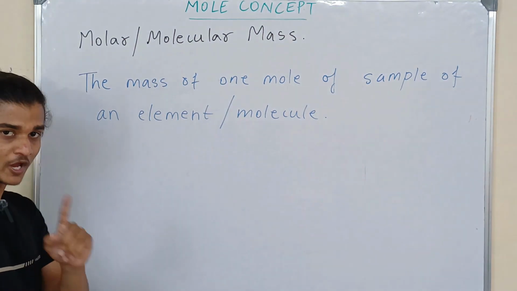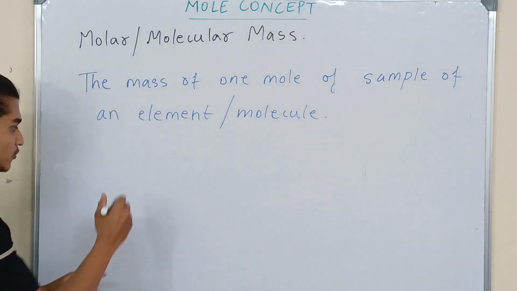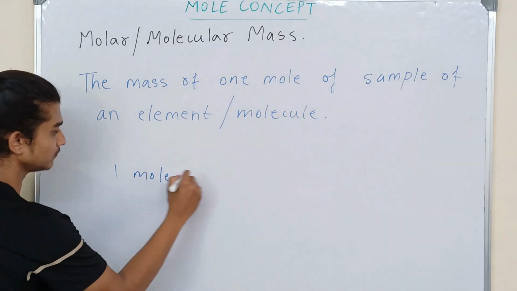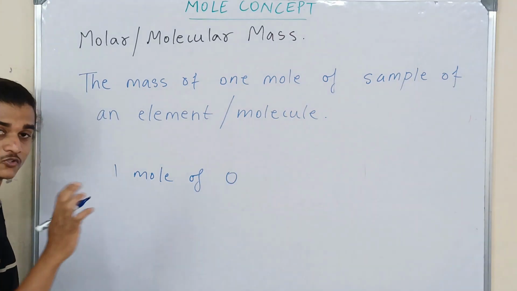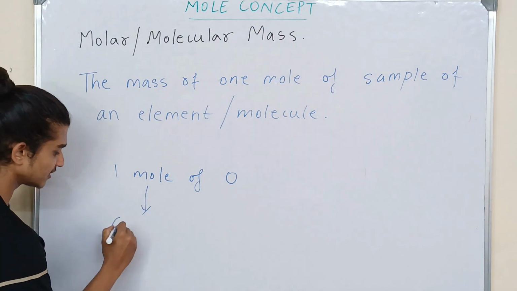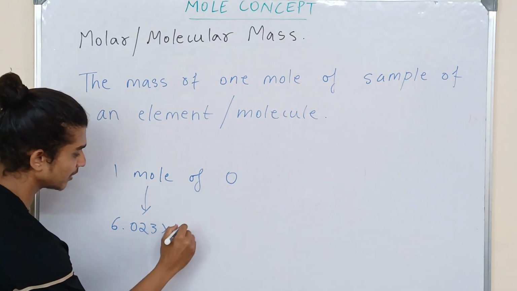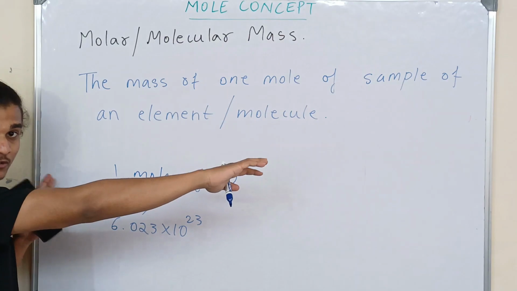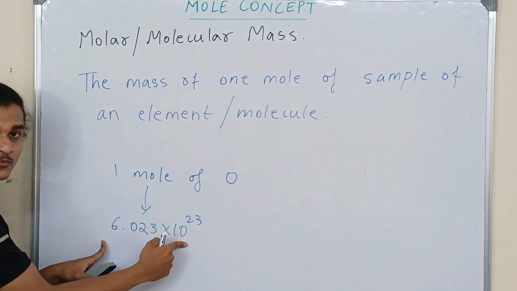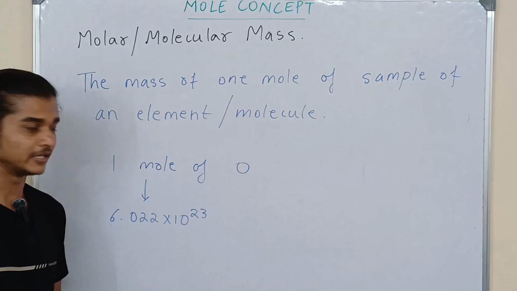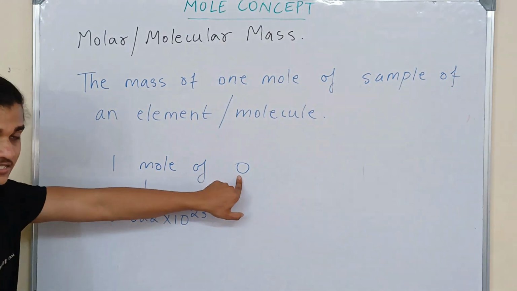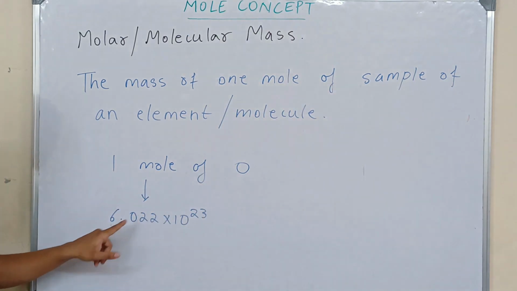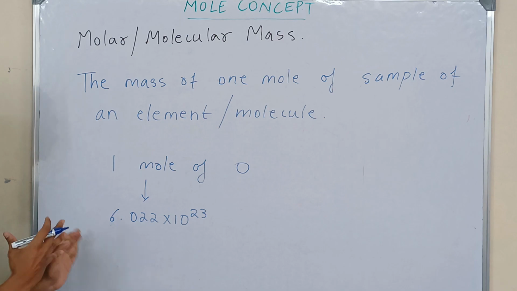Suppose you have 1 mole of oxygen sample. 1 mole, as I told you, means 6.022 times 10 to the power 23, the huge number which I wrote at the beginning. If you write it in exponential form, this is how it looks. Now if you take 1 mole of oxygen atoms, which means 6.022 times 10 to the power 23, it is a huge number.